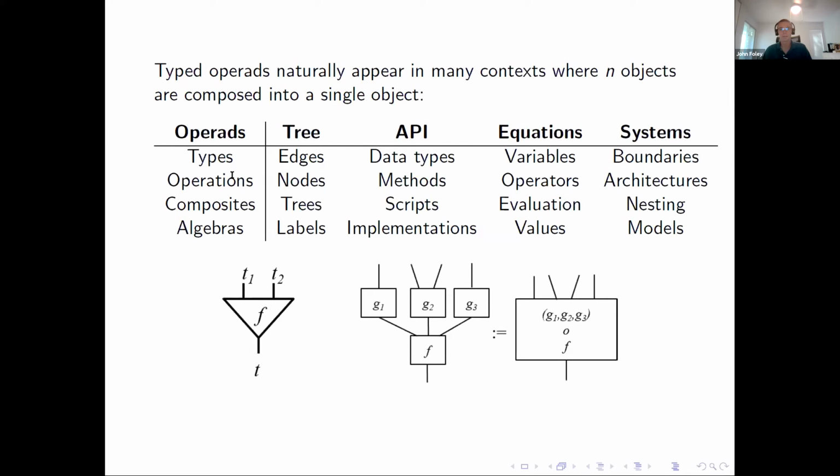And the analogy that I'll step through here, that is maybe salient and makes these objects a little more friendly, is that the types for an API, an application interface, are analogous to data types, whereas you have abstract methods that correspond to operations, or the terms, as the term was used in the last talk. Composites are writing scripts from methods. And then algebras actually describe how you implement methods.